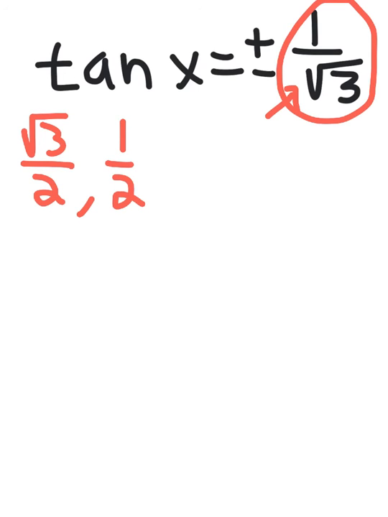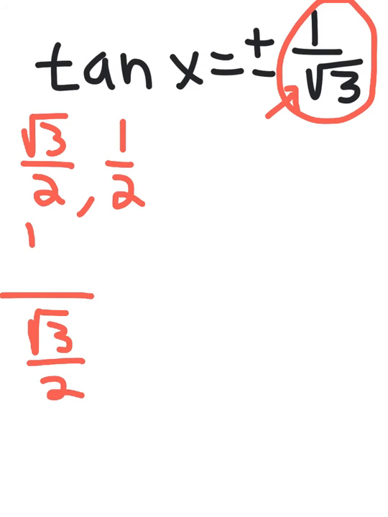This set of coordinates is associated with pi over 3's and pi over 6's depending on the order. So I'm going to try to figure out which order they were divided, and that'll tell me which angle it came from. Because the square root of 3 is in the denominator, I'm going to take the square root of 3 over 2 and put it in the denominator.